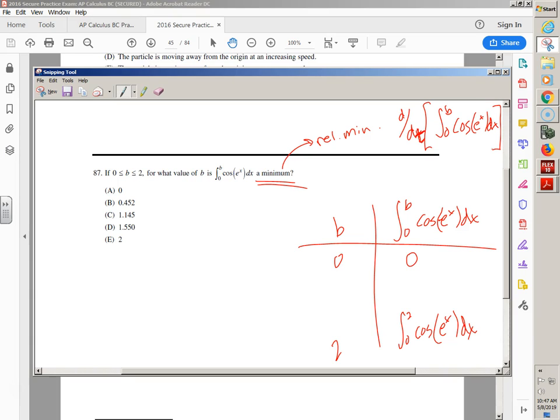B is a variable expression, so then FTC part 2, right? Since I have a to u, I can go ahead and plug that in, so I have cosine of e to the b times b prime.